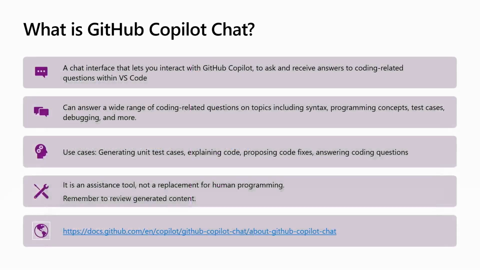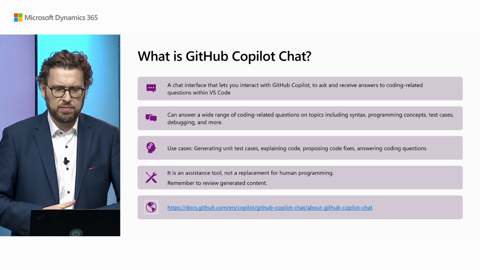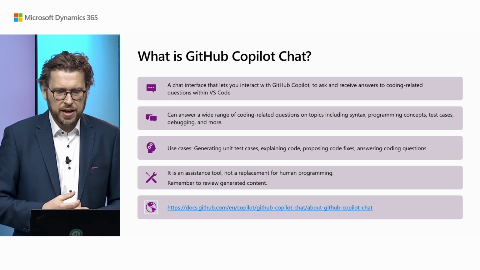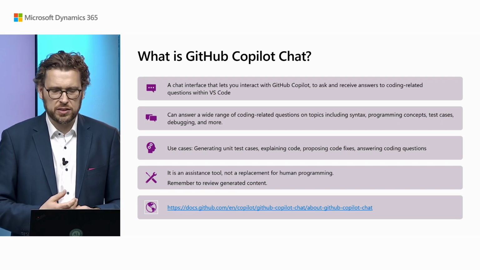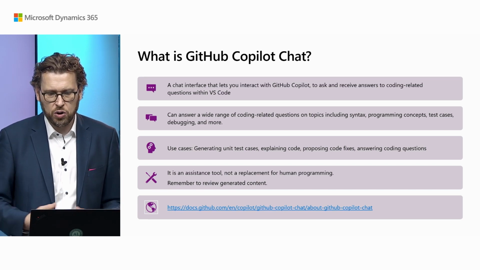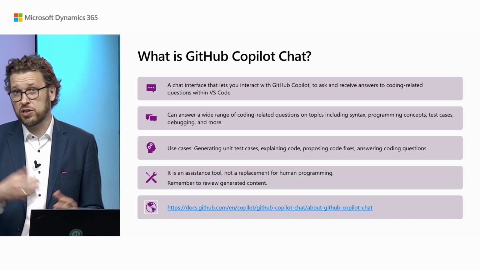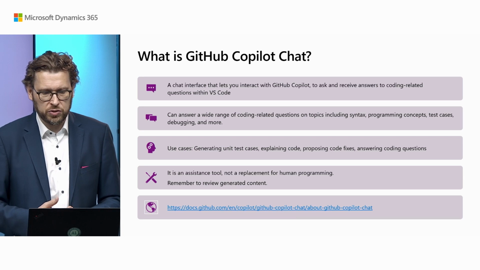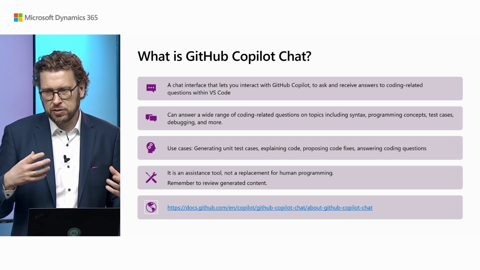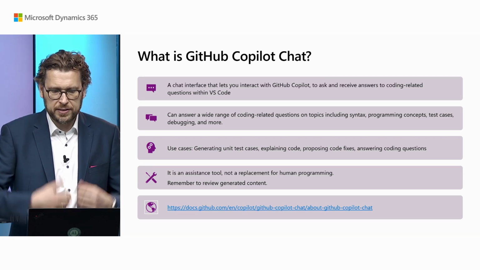So before we go there, what is it? As I said, it's a chat interface. It can answer a wide range of coding-related questions. Typical use cases could be explaining code, proposing code fixes, answering code questions. In general, you could also use it to generate unit test cases. Again, this is an assistant tool.